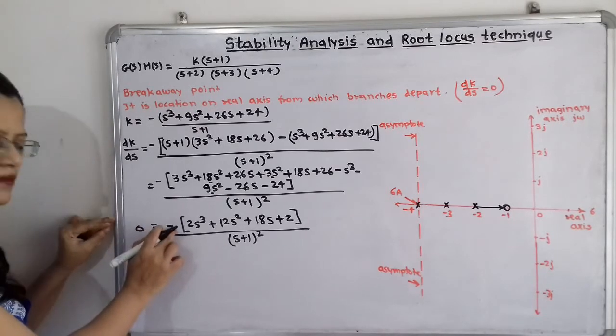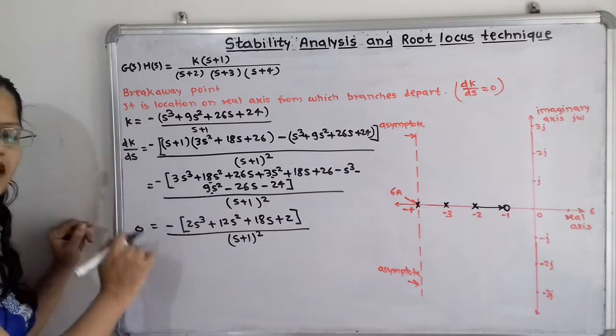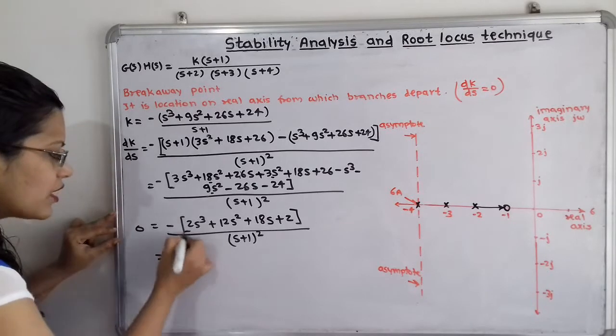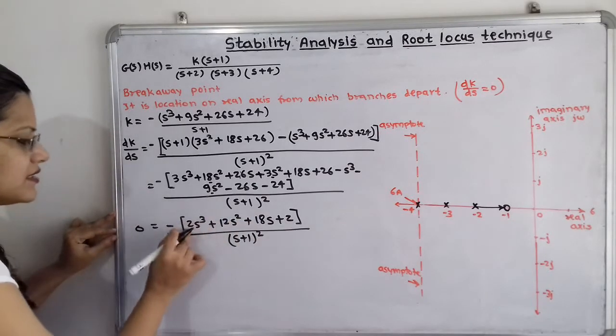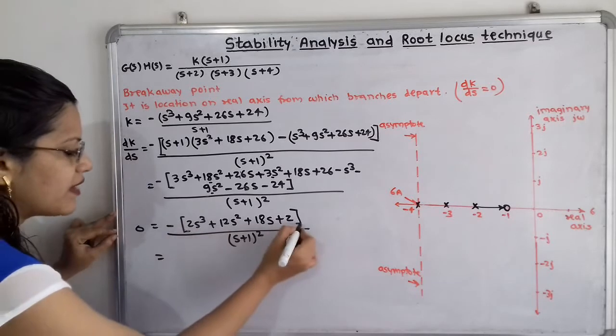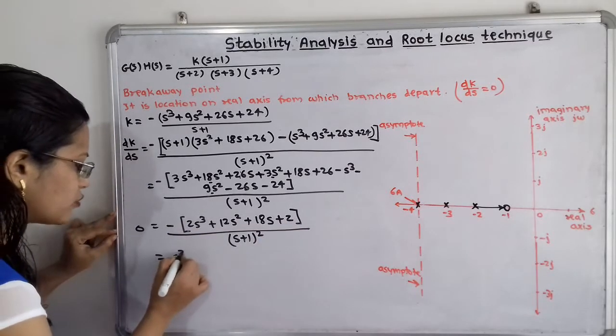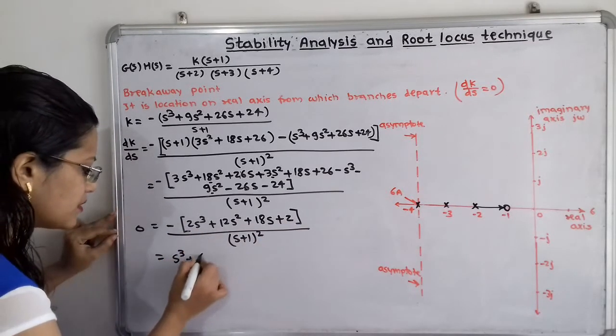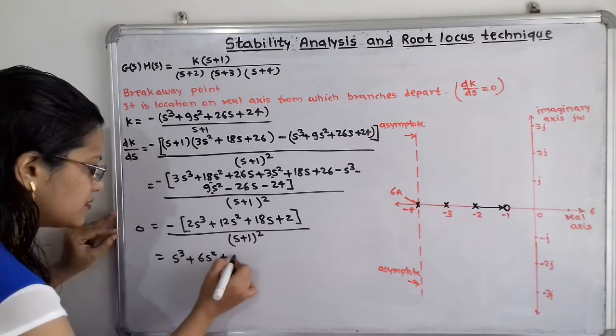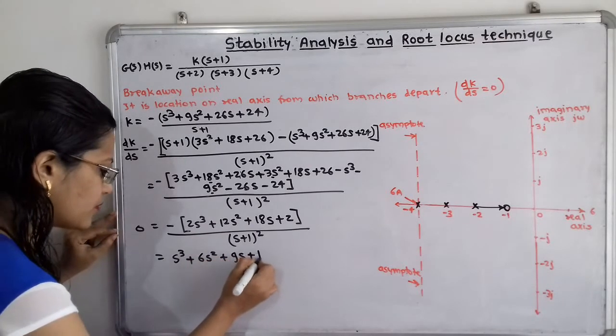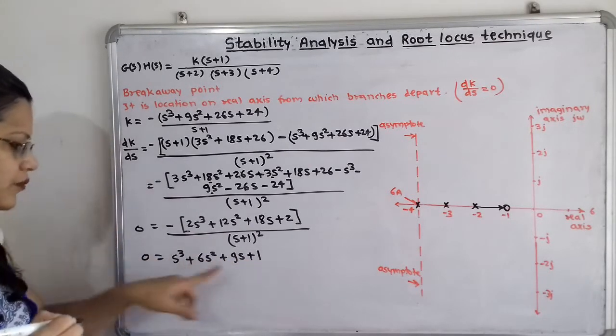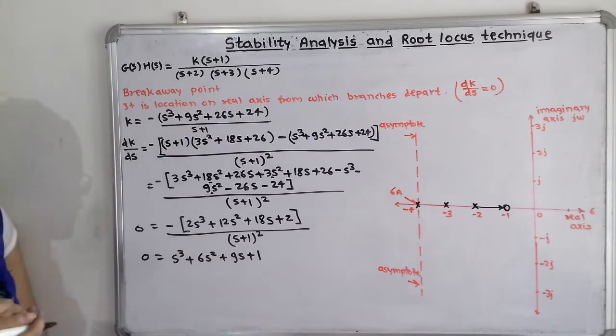I will transfer this minus sign to the left hand side, then again it will become 0. And we will simplify this at the same time. That is, I will divide this whole term by 2. That is s cube plus 6s square plus 9s plus 1, which is equal to 0. So this is the solution.